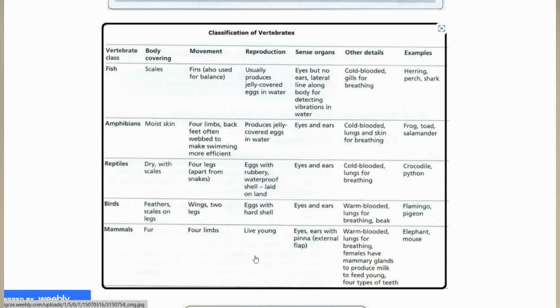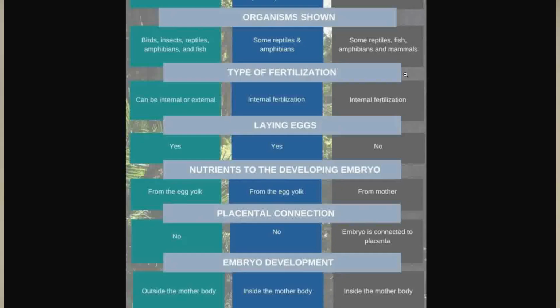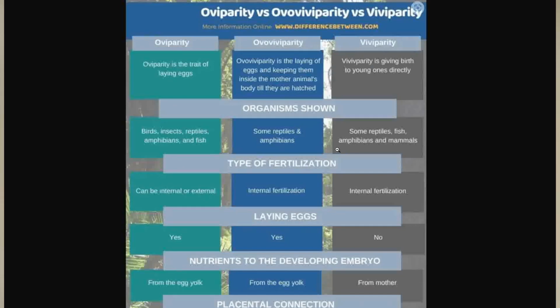Now, talking about reproduction, I will also introduce you to another concept, called oviparity, ovoviviparity, and viviparity. So what does that mean? First and foremost, oviparity is the lowest level.